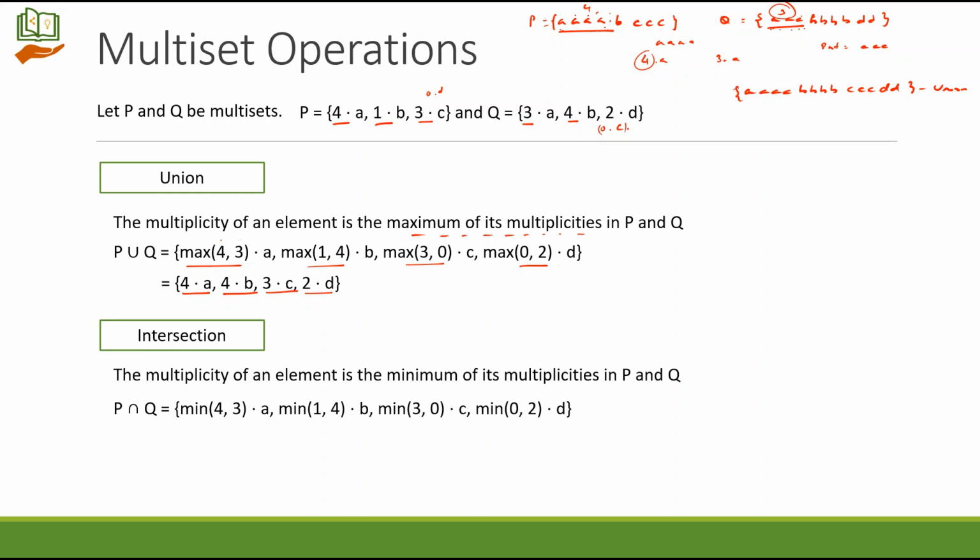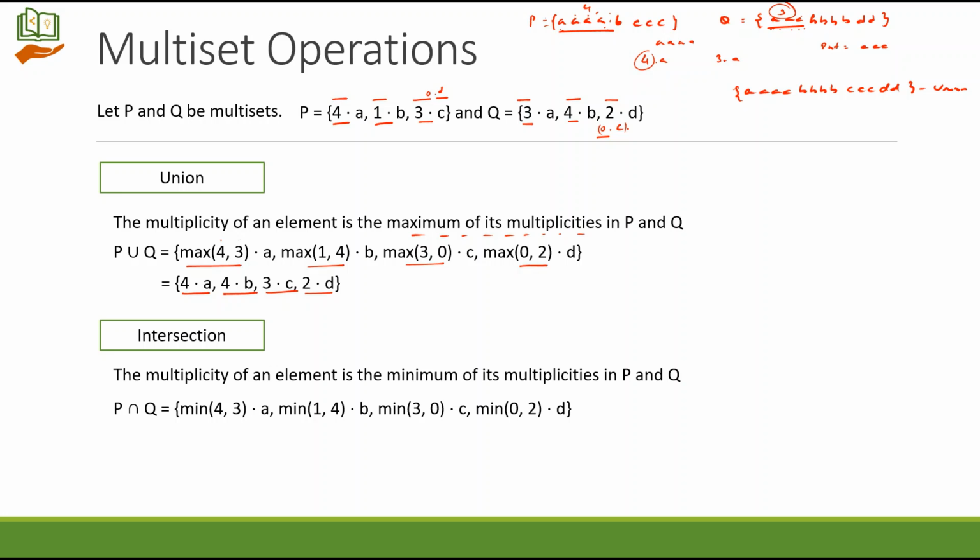So P intersection Q will be the minimum of 4 and 3 for A, minimum of 1 and 4 for B, minimum of 3 and 0 for C and minimum of 0 and 2 for D. Since C is present only in P and D is present only in Q, definitely C and D will not be a part of the intersection operation.